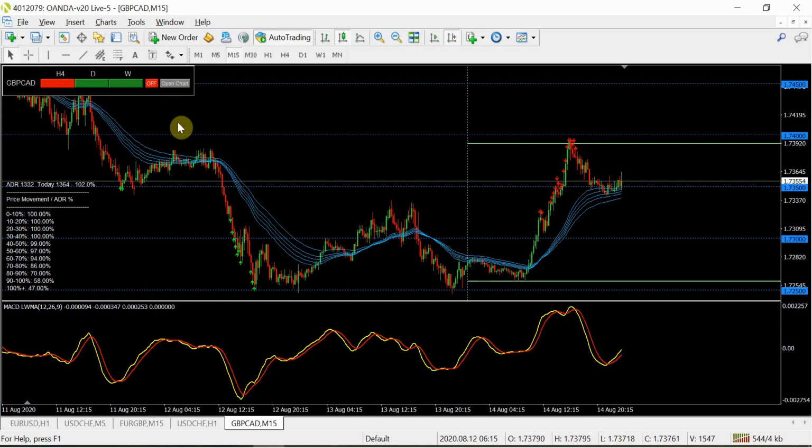You can program this to give more weighting to the daily or the weekly, but I've kept it very straightforward and might enhance it as time goes on. Here we have only one time frame inside the red, which is the H4.